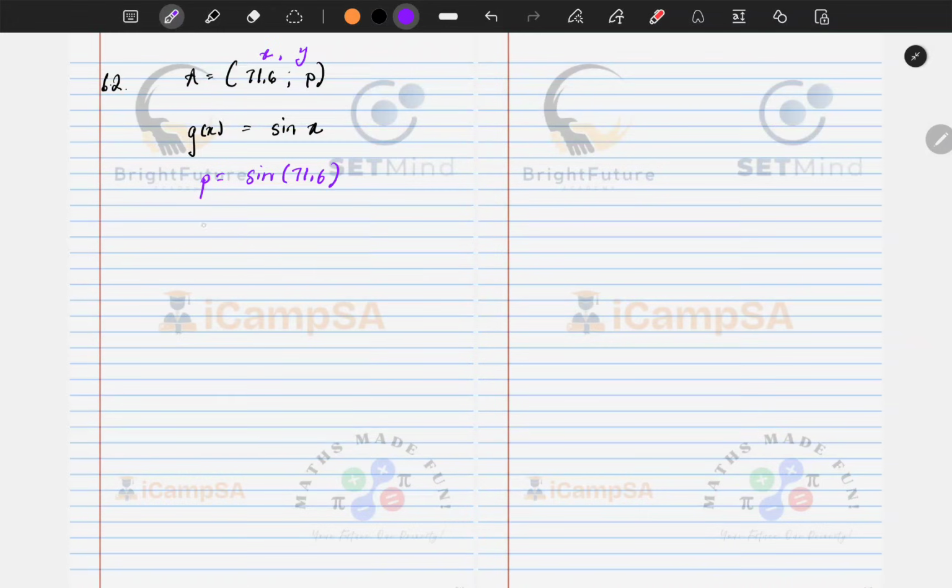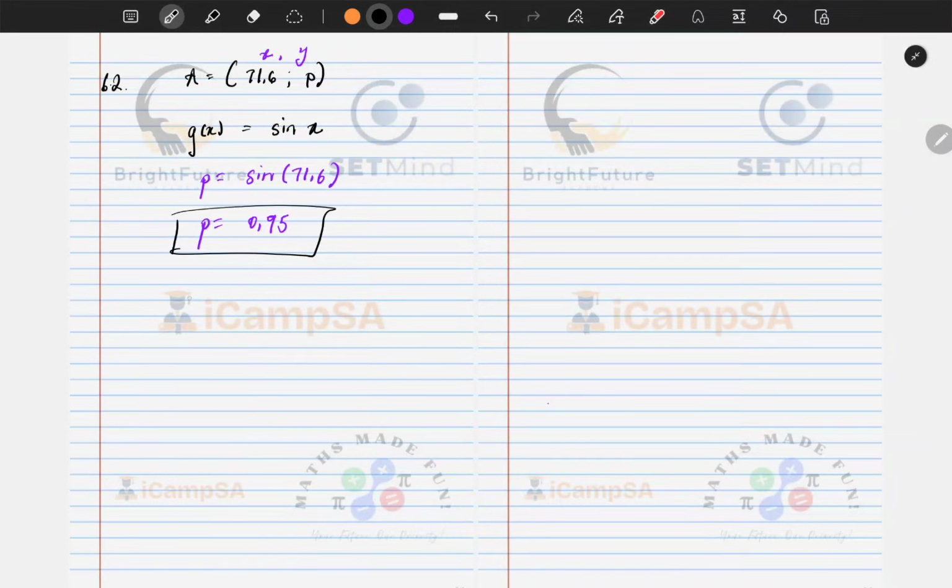So my value of p in this case is going to be, if you punch your calculator, you should be able to get 0.95, right? 0.95.